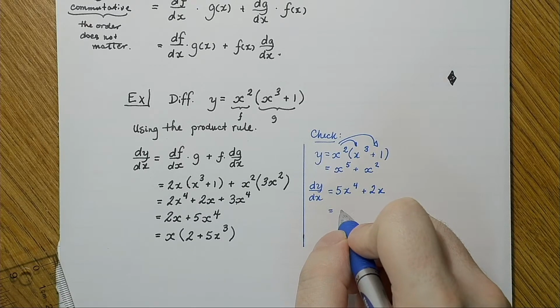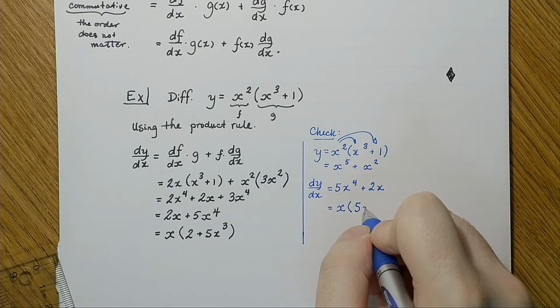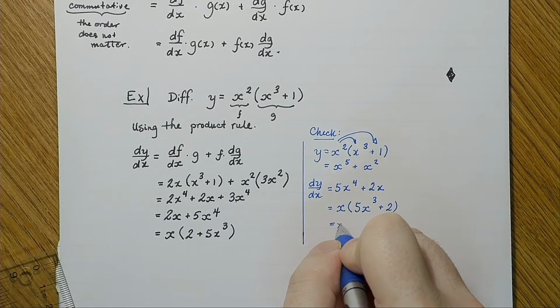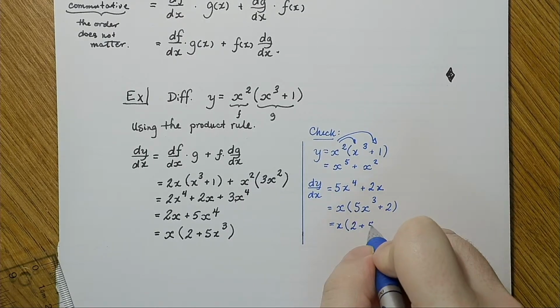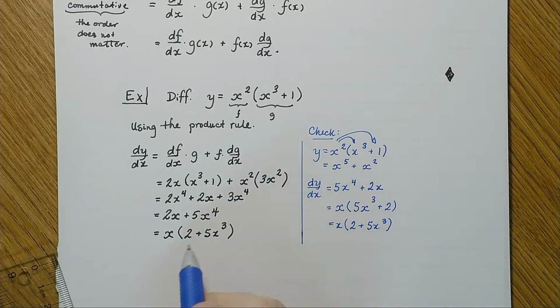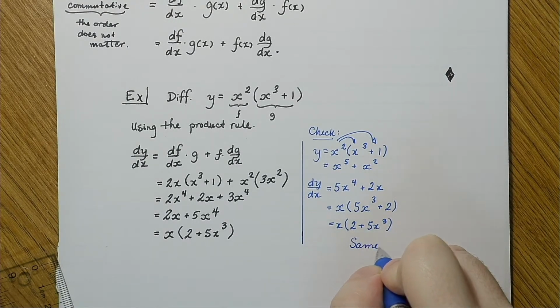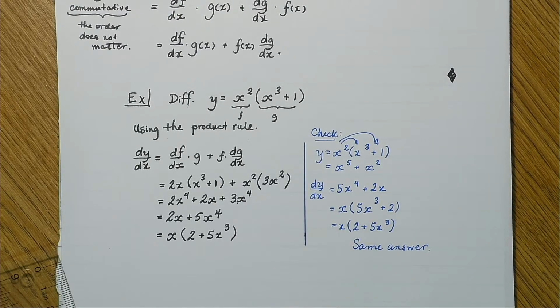And then again, I can simplify, I can factor out an x, so I'm left with 5x cubed plus 2, or just swapping the order, because again, multiplication is commutative. So you can see that I get the same answer. So that's good. I have some confidence that I got the right answer.